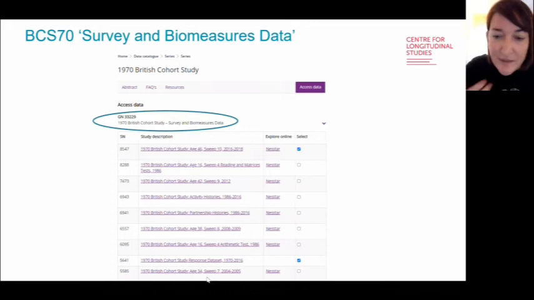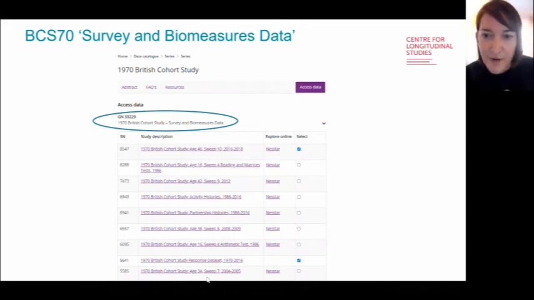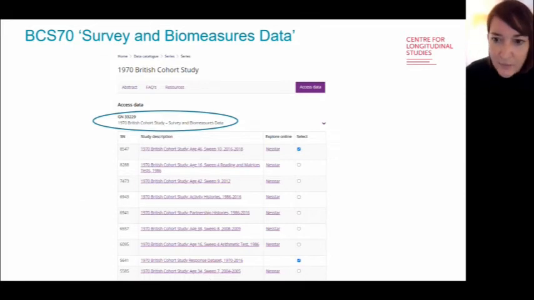You'll see that within that there are options in different files which have different serial numbers. So it will allow you to identify the file that is of importance to you. And Nesstar is a web software that will allow you to explore the variables online, so you can check that that's the correct file that you need for your analysis. And then you can just select it and download it, add it to your basket.